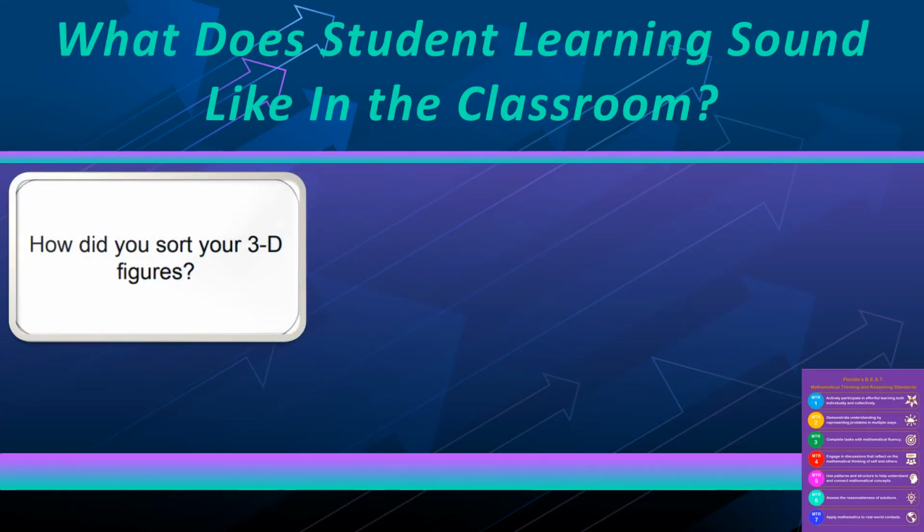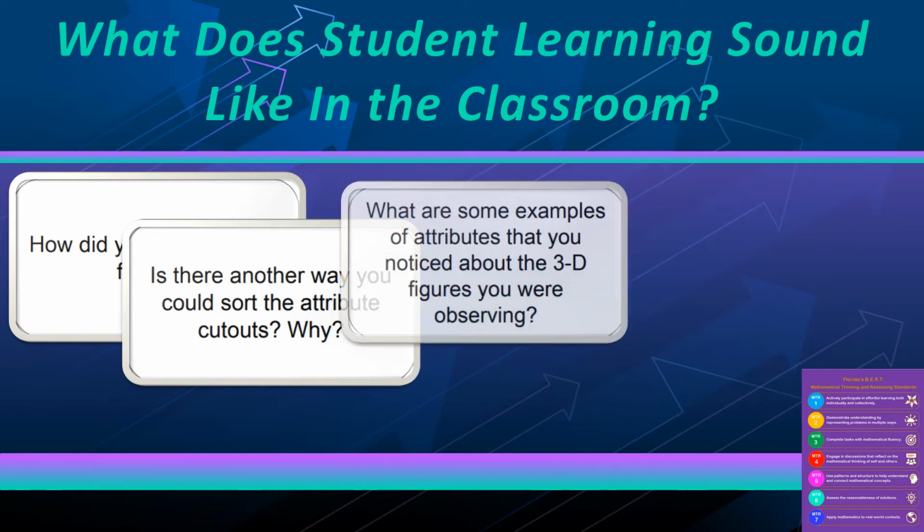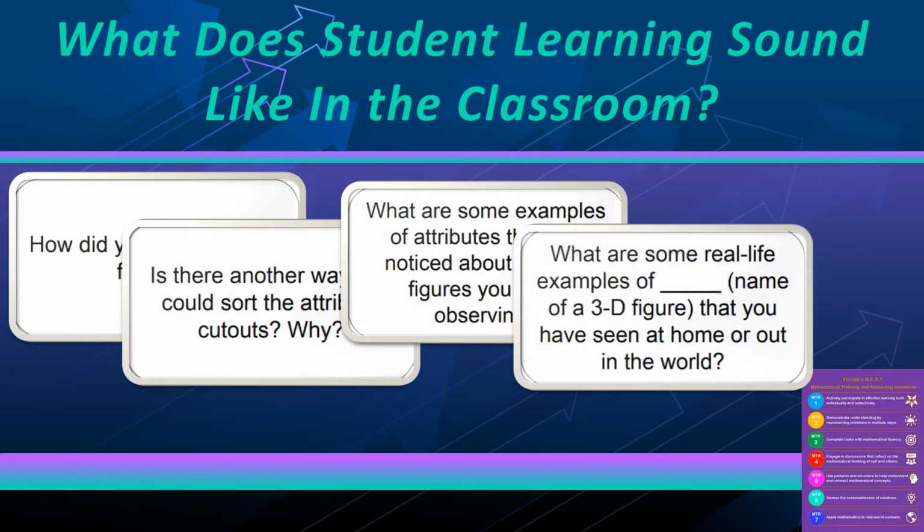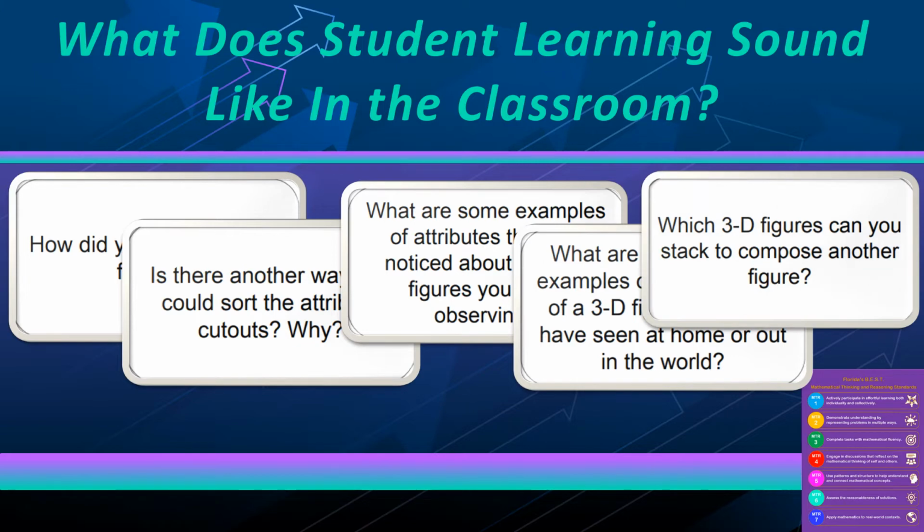Questions are a great way to help dictate the direction of the discussion in the classroom. Here are some great examples of open-ended questions for students from the Math Chat cards within Scope 8. They encourage students to reflect on the attributes that guided them to sort their 3D figures, manipulatives or paper versions, whether there could have been various ways for them to sort their figures, where they may have seen these 3D figures outside of school, for that real-world connection, and what types of figures they could create when composing other figures.